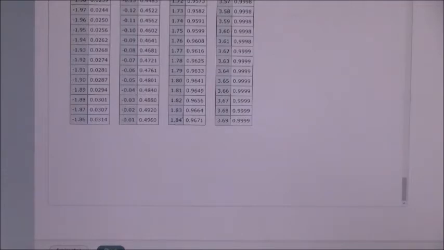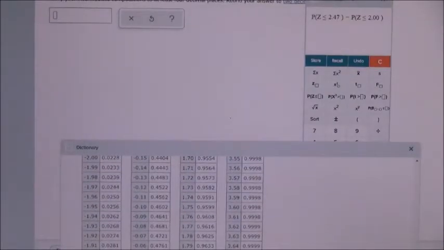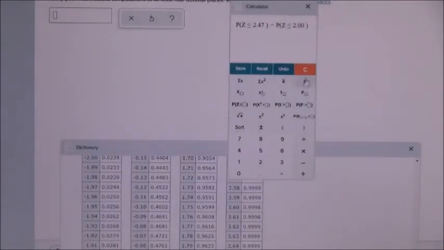If I am using the Aleks Calculator, again, I got to get that on top. On the Aleks Calculator, you are going to use the Z sub button. If you're going to the right, you're going to use the positive. If you're going to the left, you're going to use the negative.